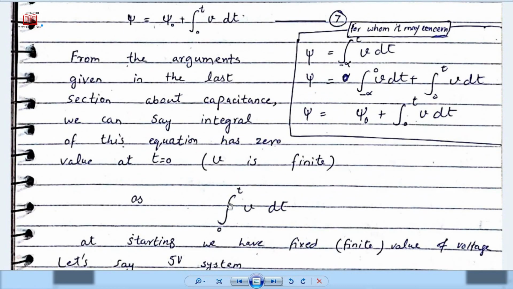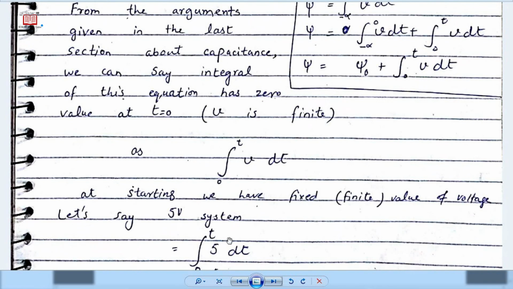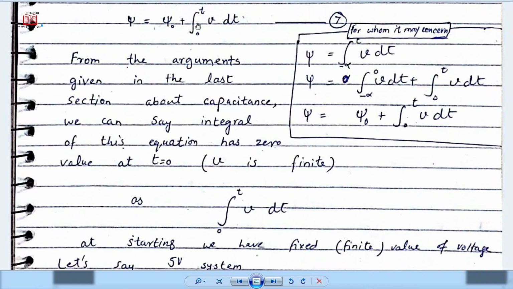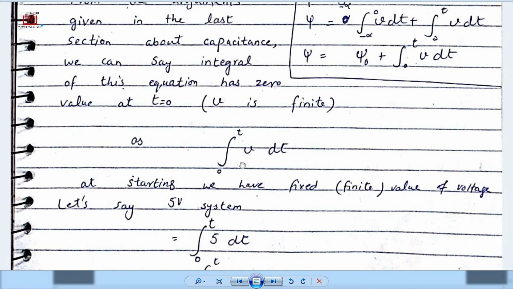We will discuss why actually, but keep in mind V is finite, not infinite. Suppose we have a 5 volt system. I want to show you how the answer is 0. We take the integral from 0 to t of the voltage, 5 volts, with respect to time t.